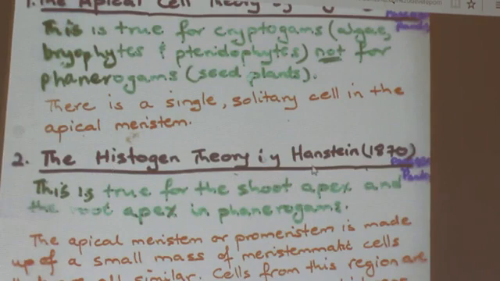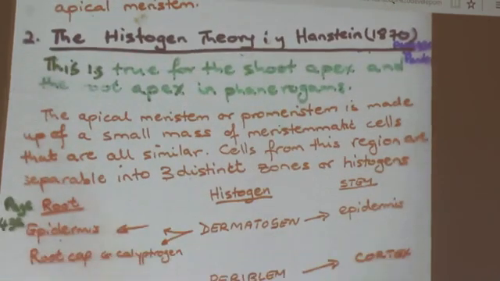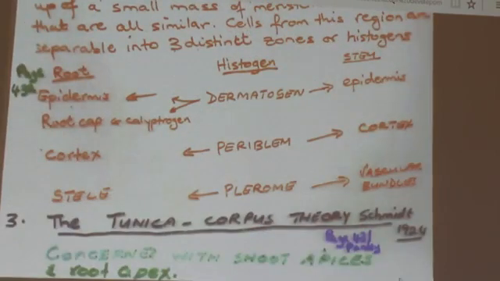One individual by the name of Hanstein in 1870 came up with the histogen theory, and another individual in 1924 by the name of Schmidt came up with another theory which we call the Tunica corpus theory. Let us go to the histogen theory first.